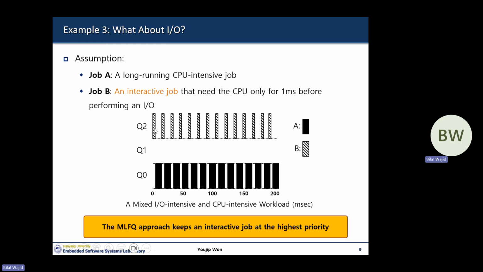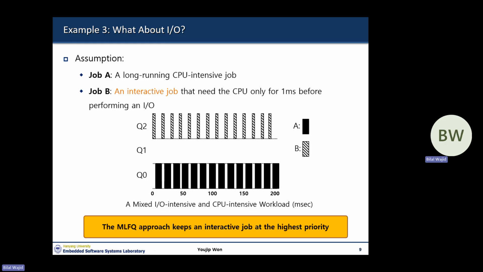Now, you can see here the length of the time slice is thicker, whereas B doesn't consume the entire time slice. Before the completion of the time slice, it hands over the CPU back to the operating system, maybe because it goes into a block state, maybe because it needs to interact with something, maybe it needs to do some input-output operations.